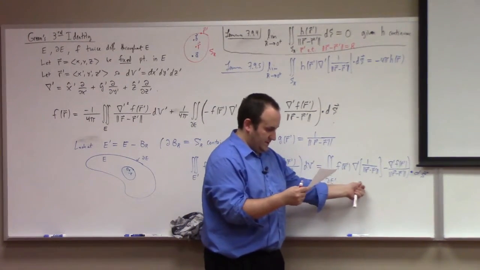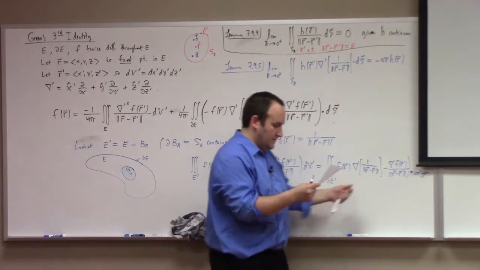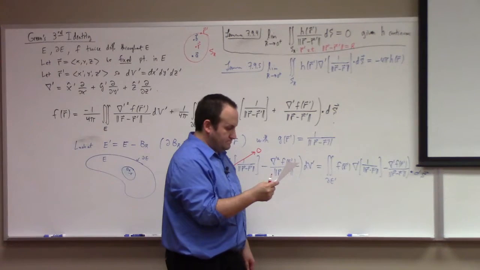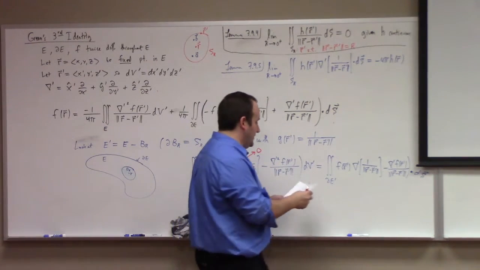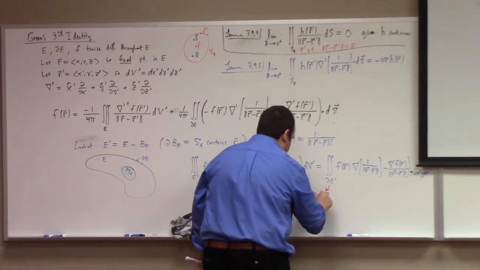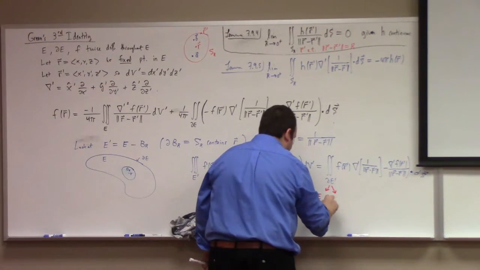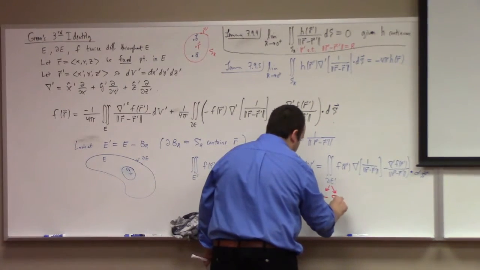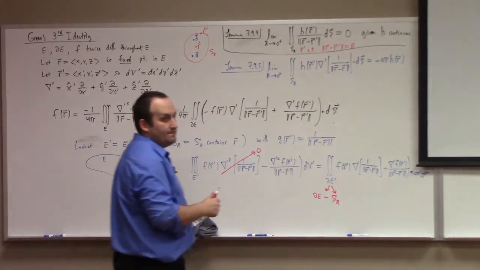F times that minus the gradient of that. And then this breaks up into two pieces. On the one hand, you have the boundary of E, and on the other hand, you have minus SR. Why minus SR?